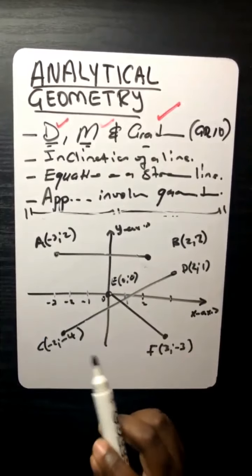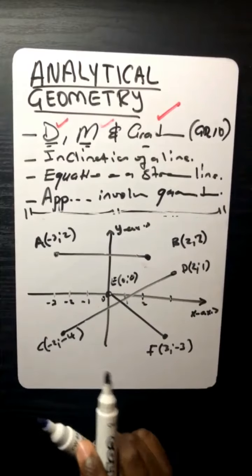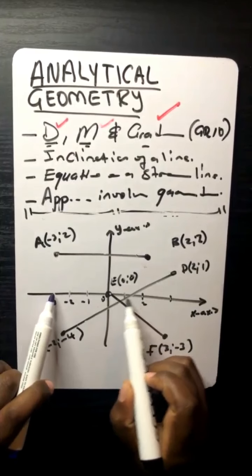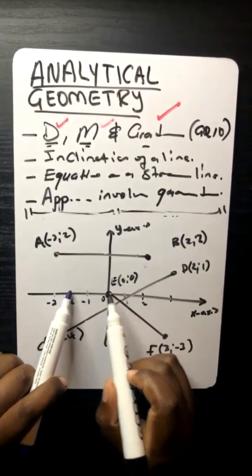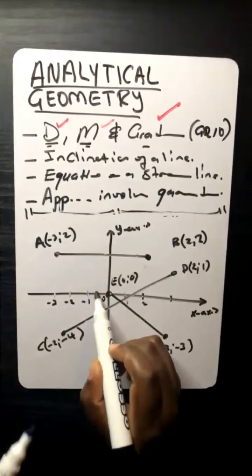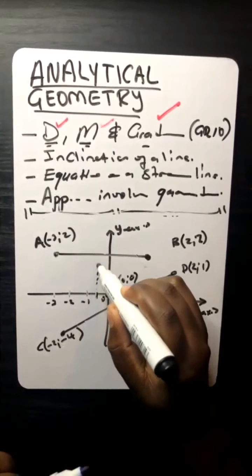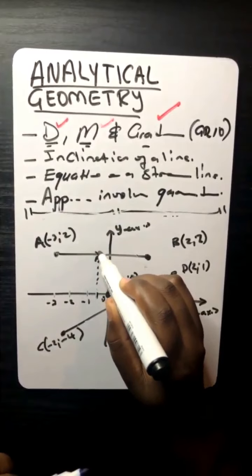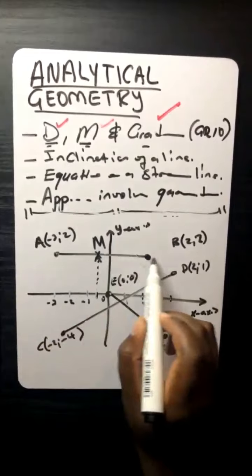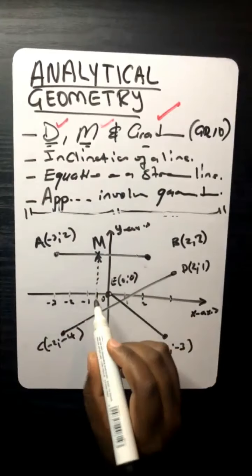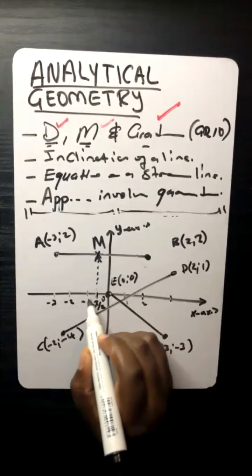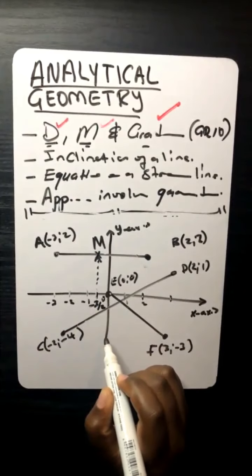Let me locate a point. If you have these 2 points, you can say 1, 1, 1, 1. So a point in between is actually somewhere there. This is a point which is a midpoint. For a horizontal line, you can already see that you are expecting maybe -3 over 2 as the x value of the midpoint.